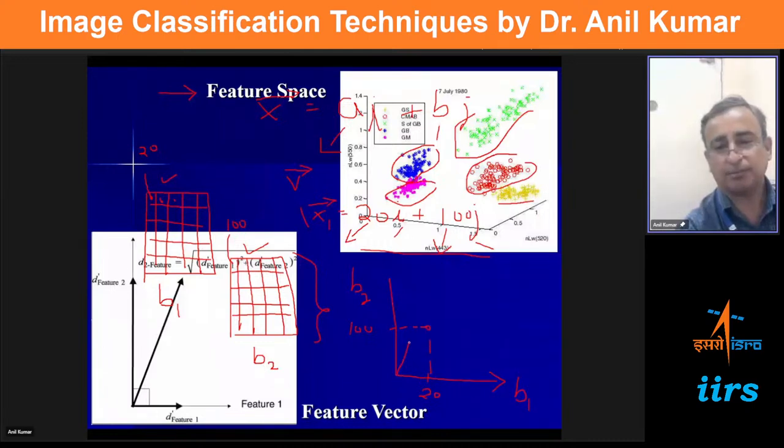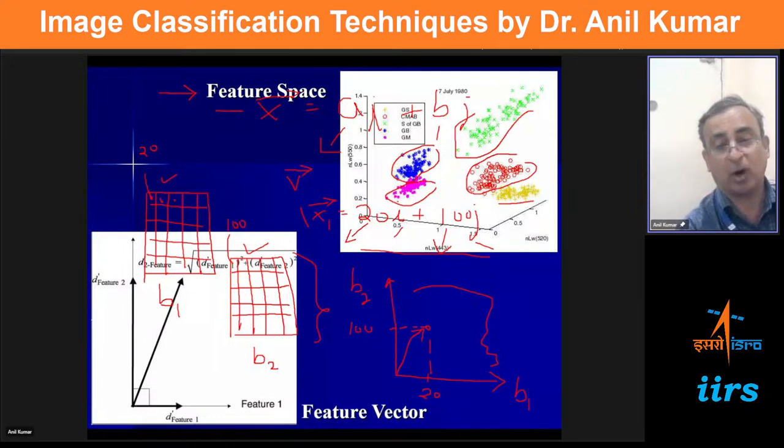If you draw the arrow, this is your vector, the feature vector, and you are plotting this vector in this feature space. And here you are plotting all the pixels.